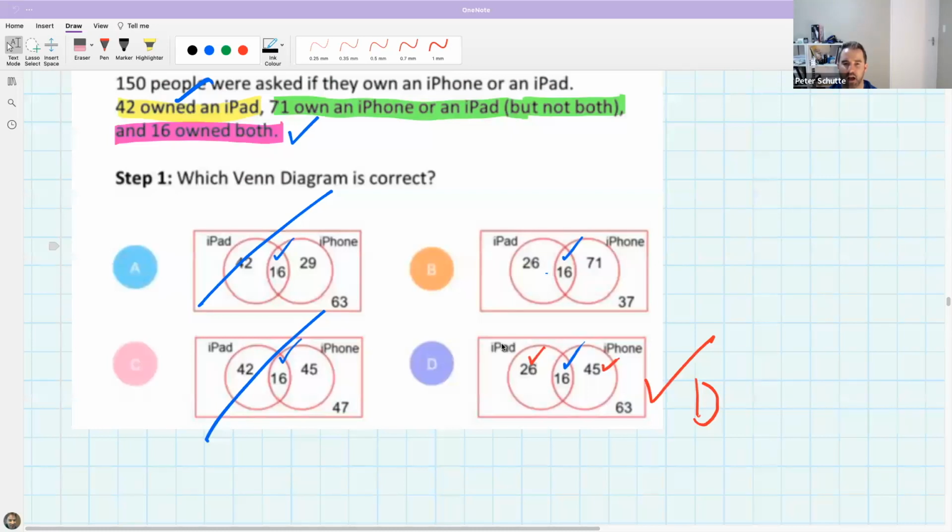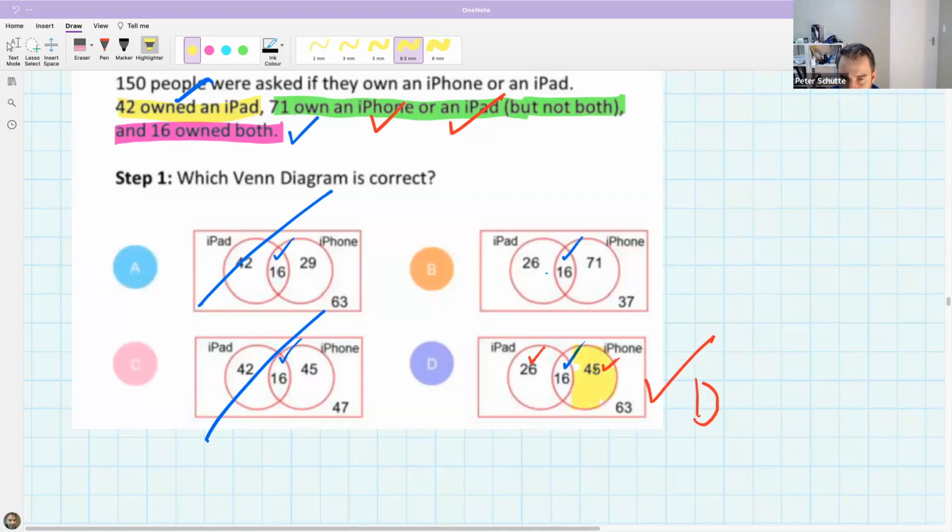45. Oh, 45. Yes. What about that? How did you get the 45? Why isn't it the 71? Okay. So it's because if 71 own an iPhone or an iPad, but not both, basically, if you own an iPhone, but you don't own an iPad as well, you would be that region, 45, okay?